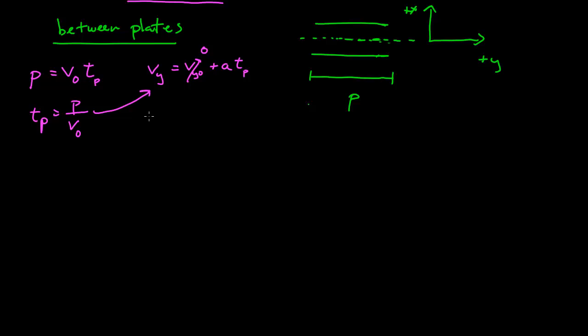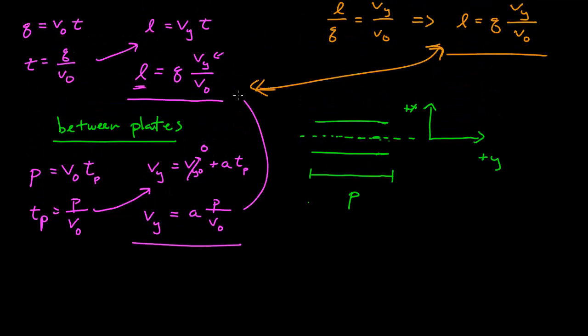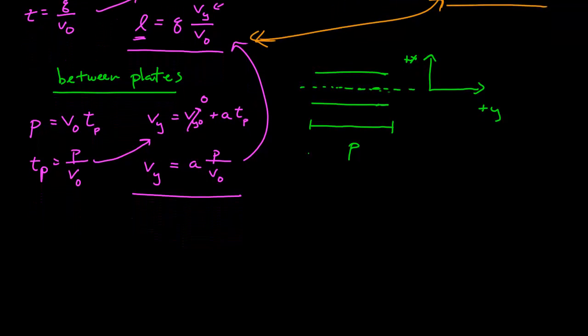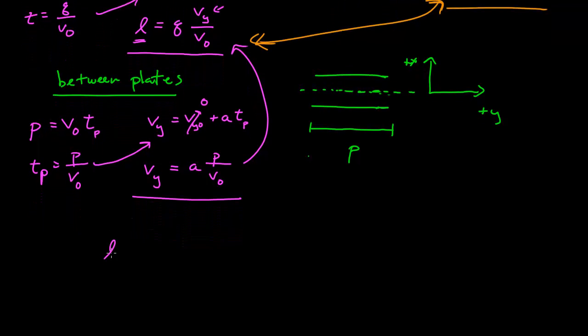That allows me to substitute into here, and I have the final velocity equal to the acceleration that I allow the plates to create, times P, the distance in the plates, divided by V naught. Well, now I can substitute that into here, and I have an expression for the deflection L in terms of the acceleration that I put on the plates.